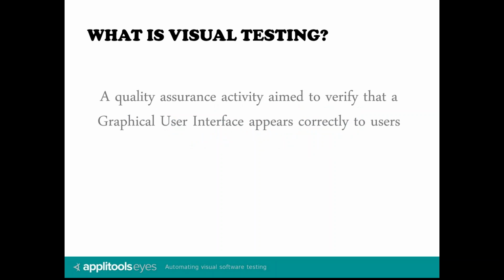What we're focusing on here is making sure that the UI itself looks good to the end user, making sure that each UI element appears at the right color, shape, position, and size, that it does not overlap or hide any other UI elements. Now, this type of testing has become increasingly difficult to perform in recent years just because of the huge variety of web browsers, devices, screen resolutions, and operating systems that applications have to run on today.